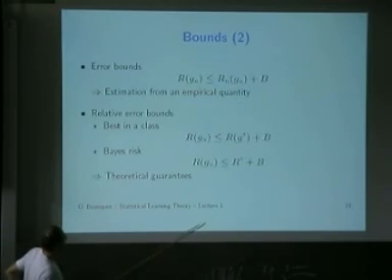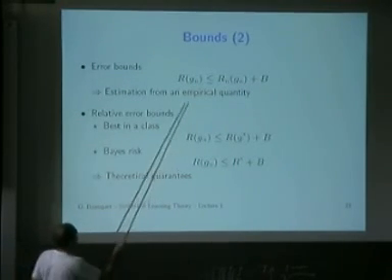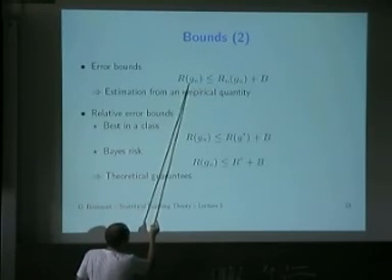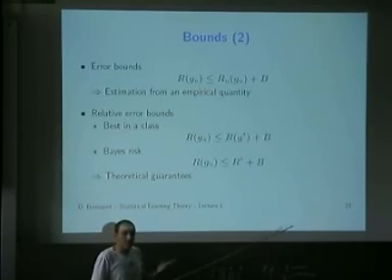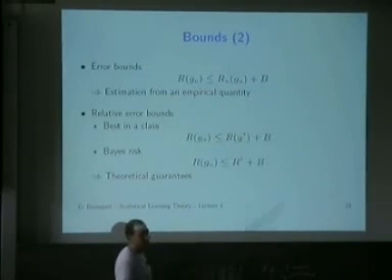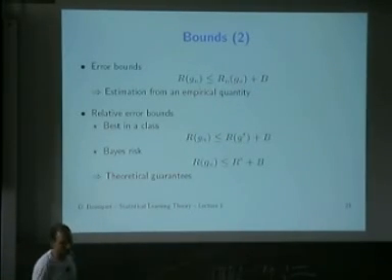The bounds that we will be after have this form. We want to bound the risk of Gn in terms of something that we can observe, which is the empirical risk of Gn, and another quantity that will measure these estimation errors.